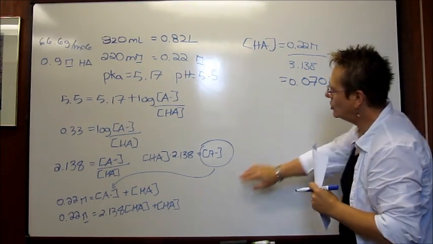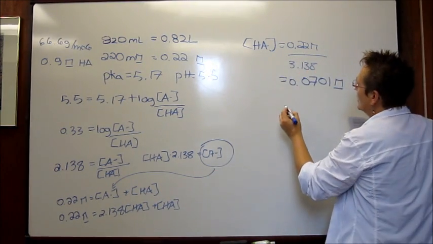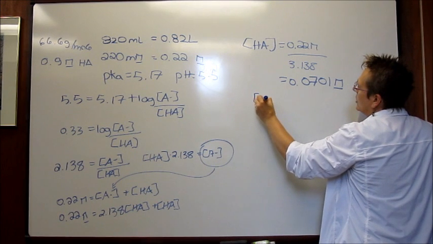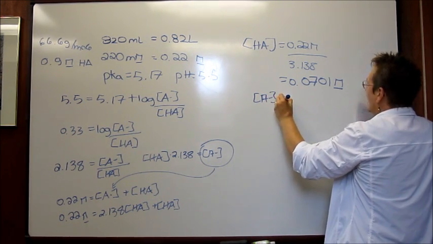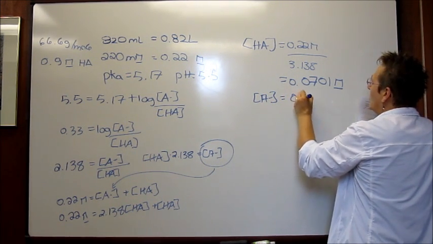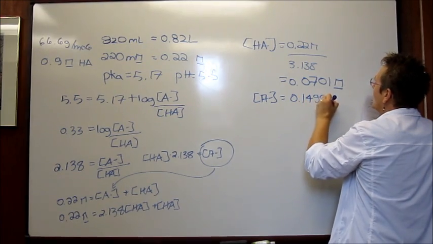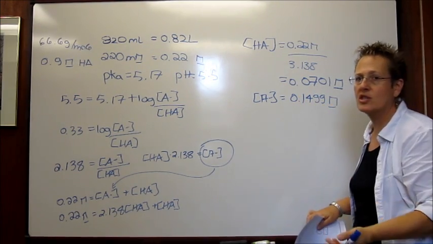Now the sum of the two is 0.22 molar, so by subtraction I can get the concentration of A- at 0.1499 molar. Okay, so I have my two concentrations.